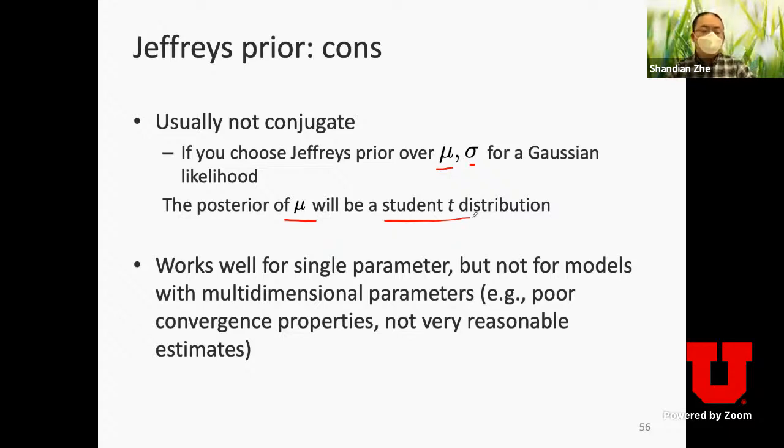It works pretty well for single parameters, but for multi-dimensional parameters, Jeffrey priors usually don't work very well. So it is not perfect. Although in theory it has many nice properties, for multi-dimensional parameters it often exhibits poor convergence properties, not very reasonable estimates, and so on.